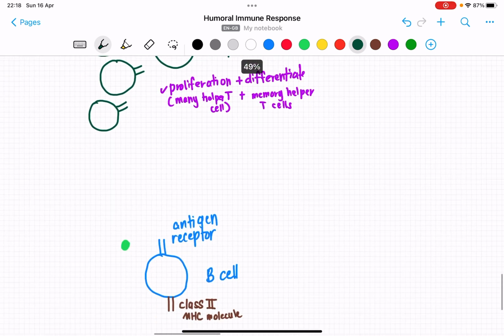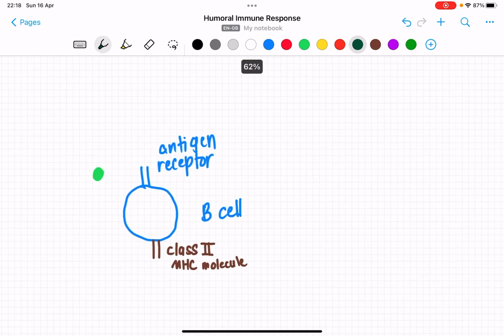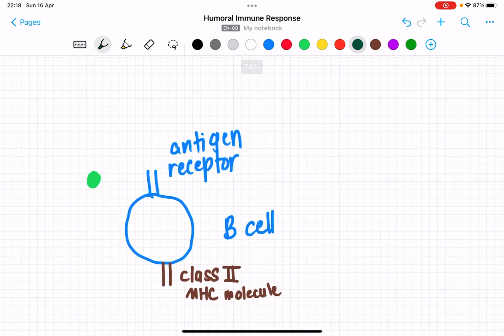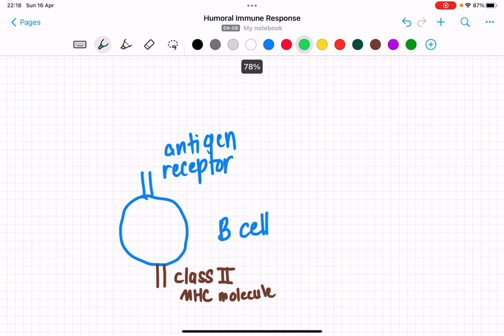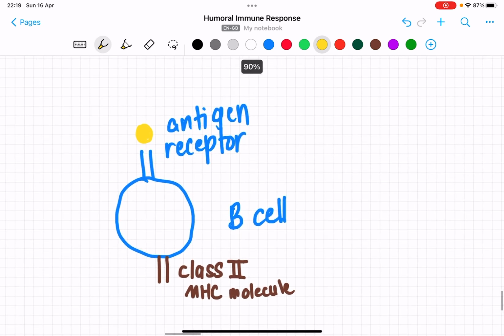At the same time, this is the B cell. B cell has its own antigen receptor. What's going to happen is the antigen, for example, this is the antigen, will bind to the antigen receptor on the B cell, and then it's going to enter the B cell.